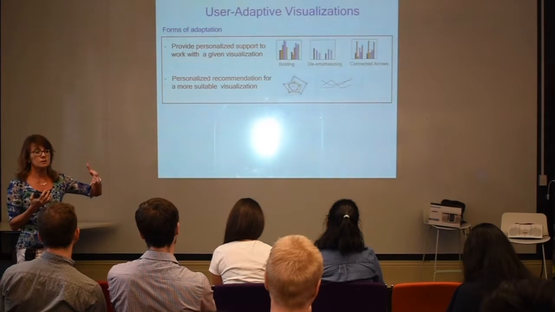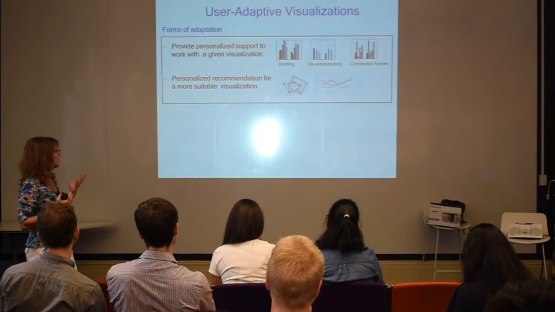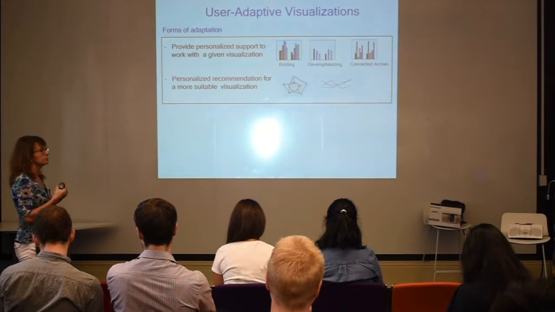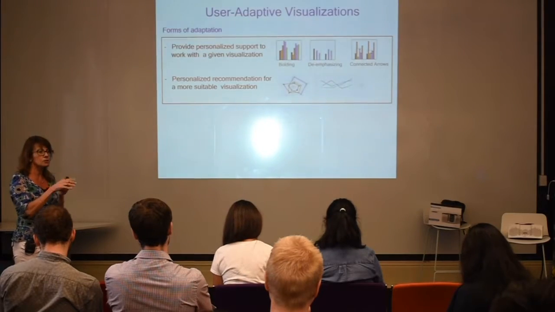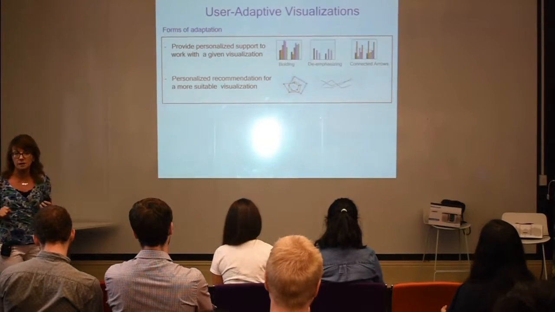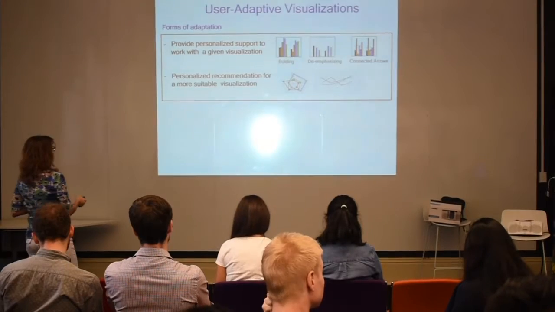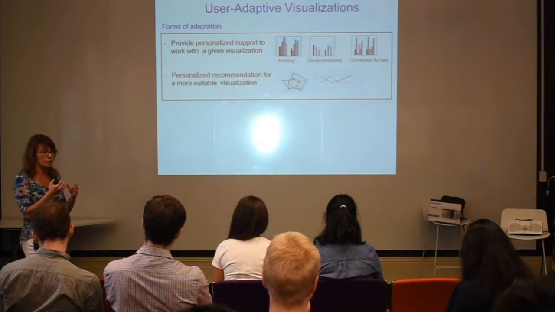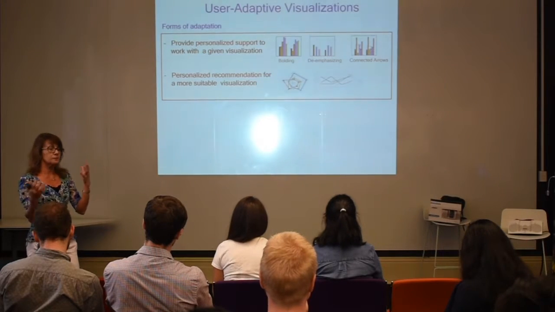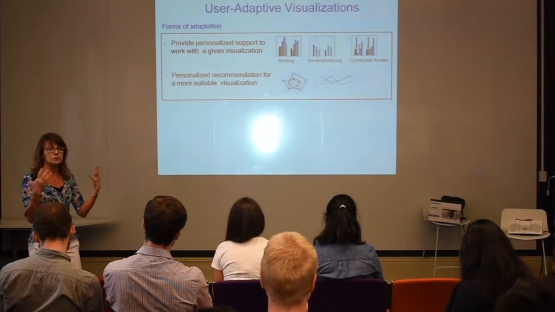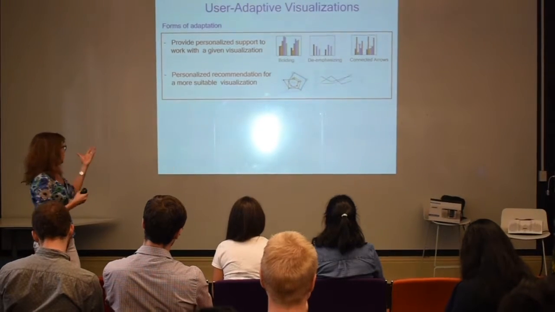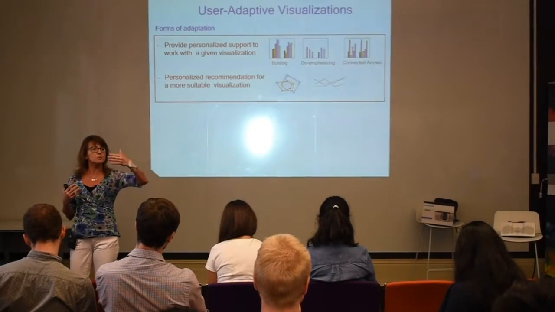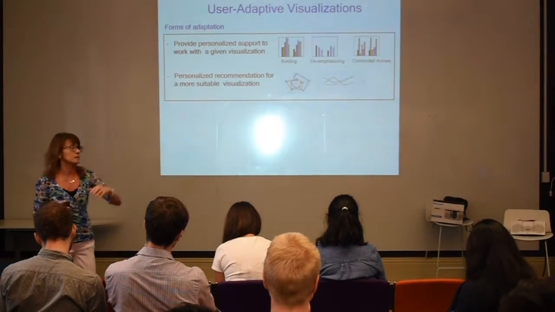There is only one choice, and you notice that a person might be having problems processing a specific visual display. One can think about providing interventions and adaptations that can help, for instance, focus on the right things in this visual display. An alternative way to personalize would be to have alternative meaningful visualizations for the same task, and the point would be trying to understand what is the most suitable visualization for a specific user and recommend that, okay?